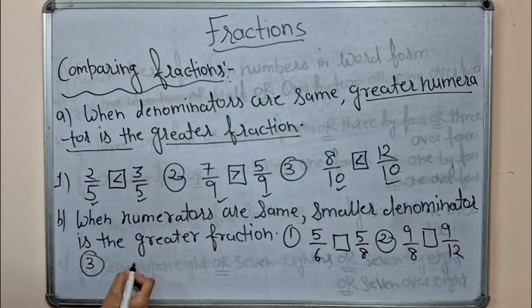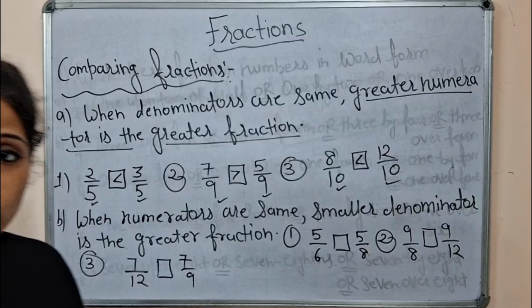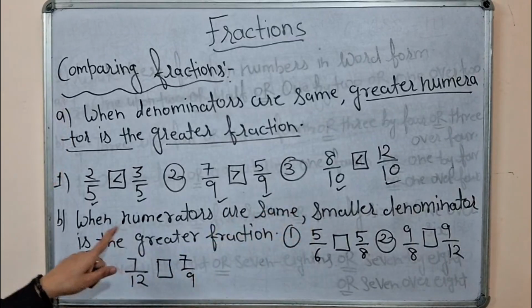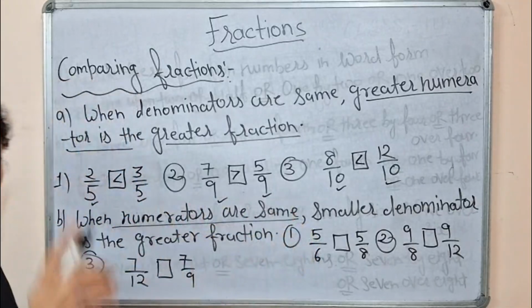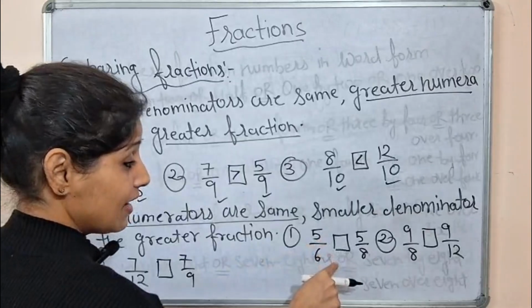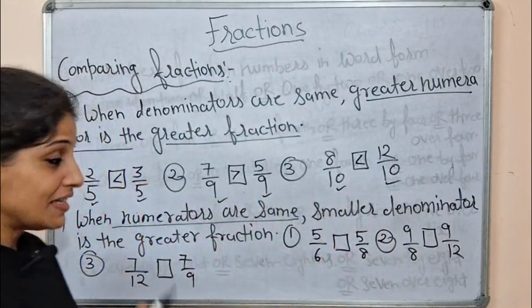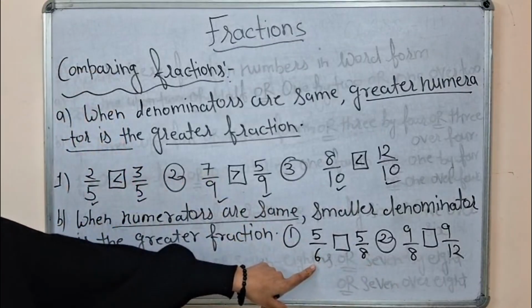Third example, 7 upon 12 or 7 upon 9. So, no need to worry, only follow the rule. When numerators are same, and which is the numerator? The upper digit in your fraction numbers. So, here I can see 5 and 5. Numerators are same. So, smaller denominator is the greater fraction.